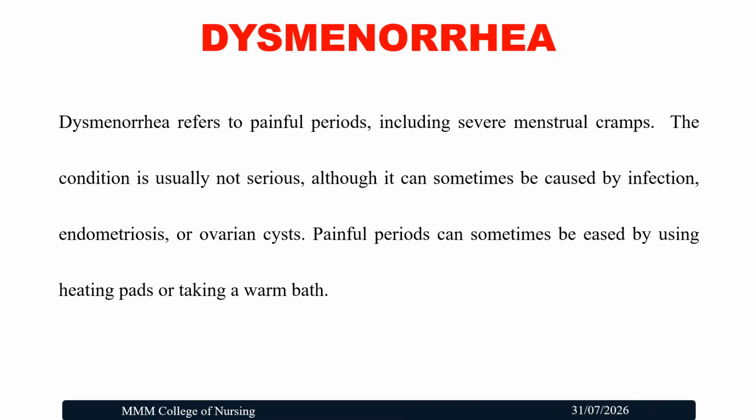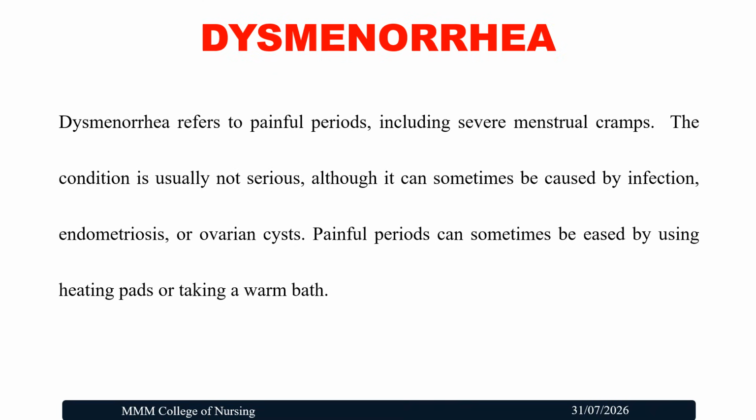Next, second type of menstrual irregularities is dysmenorrhea. Dysmenorrhea is nothing but painful periods, and it includes severe menstrual cramps. In this condition, it is not usually serious, although it can sometimes be caused by infections, endometriosis, or even an ovarian cyst.